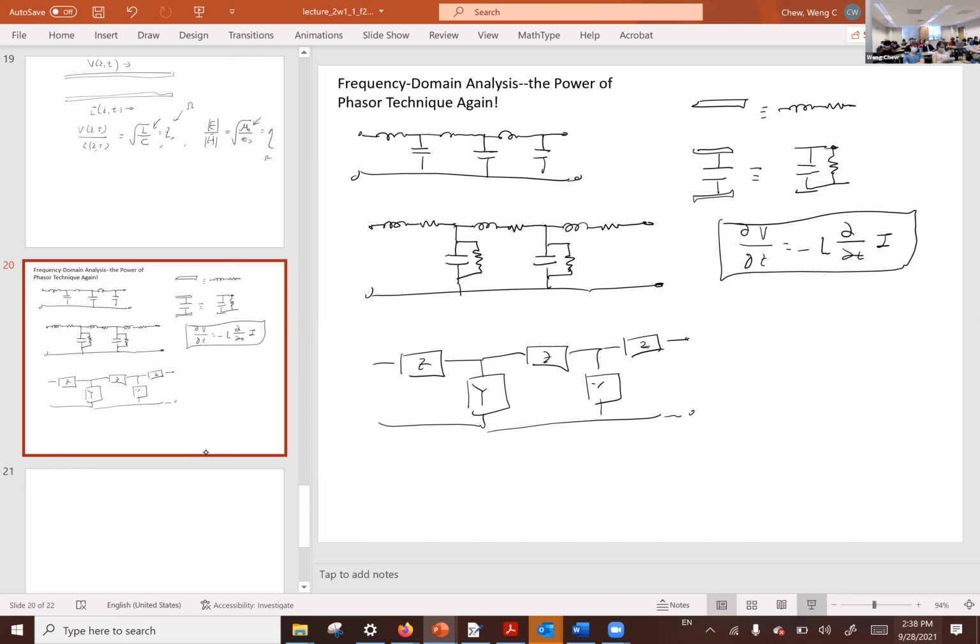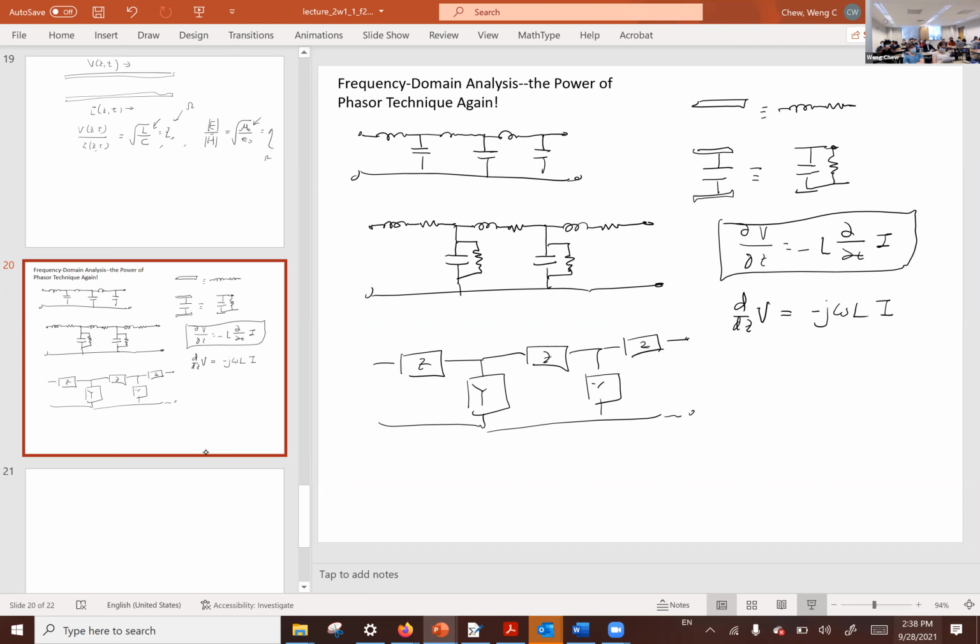And now if we want to repeat this equation for a lossy line, we can rewrite this equation as minus jωL I in the frequency domain. Okay. So you notice that jωL is just the series inductance of the wire.